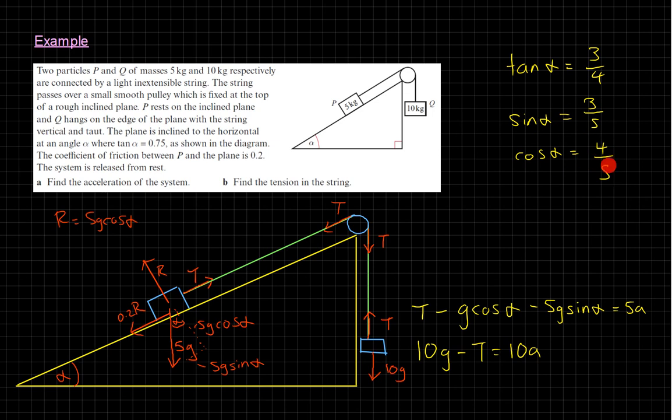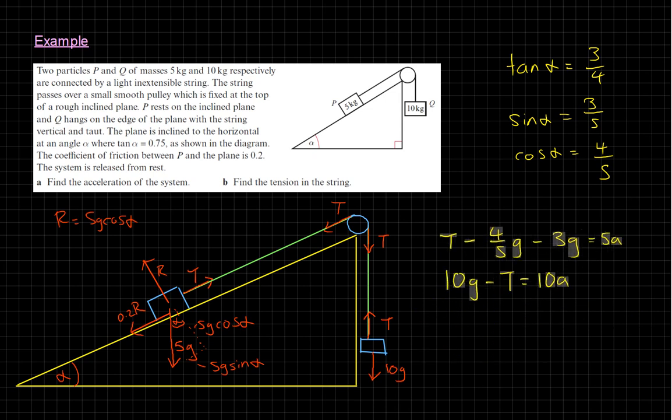Cos alpha is 4/5, so g cos alpha becomes 4/5 g. And sine alpha is 3/5 times 5g gives me 3g. So that becomes minus 3g, and that's all equal to 5a.